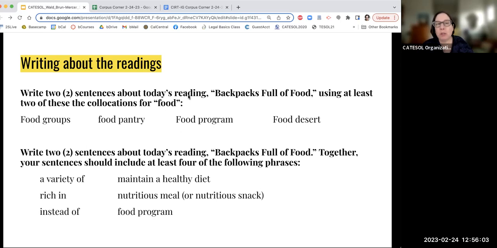It's just write 2 sentences about today's reading using at least 2 of these. And so you're summarizing the reading, you're making sure that they're using the vocabulary, and it's not like write a whole journal entry or something. It's just write a couple of sentences, right? Use these phrases, use 4 of these phrases, write it. You can do it alone, you can do it together, then you can work together to correct any issues that you might find. You can have them read them aloud, what have you.